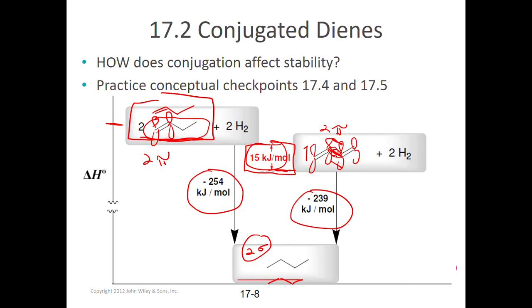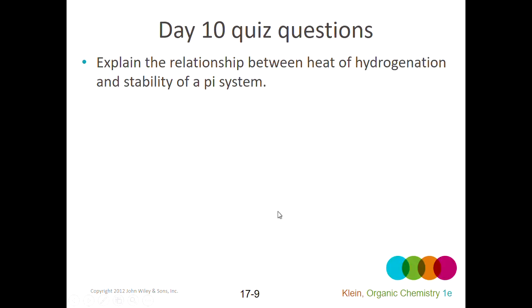So there's no pi bond here, but there's still orbital overlap. So there's still going to be some electron density that can attract to both those carbon atoms in the space between them where the orbitals overlap. So the extra p orbital overlap and the extra strong sp2 head-on sigma bond overlap makes this a little bit more stable than the isolated alkenes versus the conjugated alkenes. And so that's really the answer to the first quiz question.